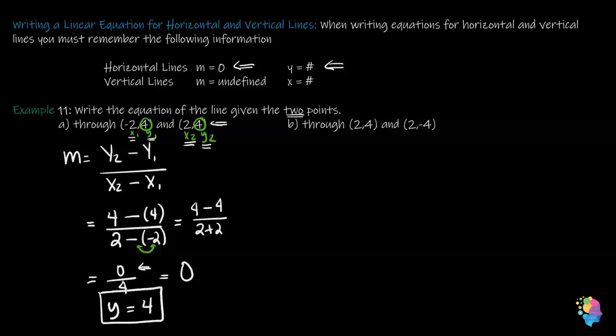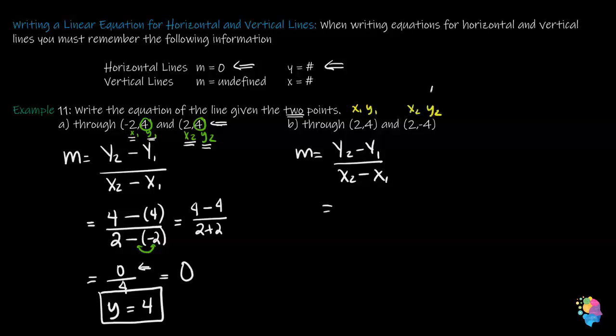Let's try it again. We begin with the slope because we're given points, y2 minus y1 over x2 minus x1. This is x1, y1, x2, y2.